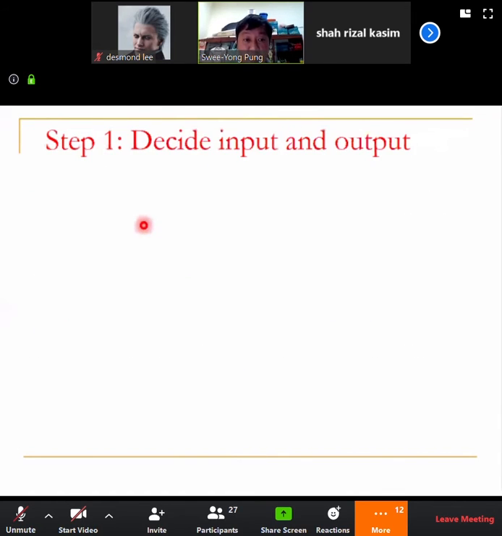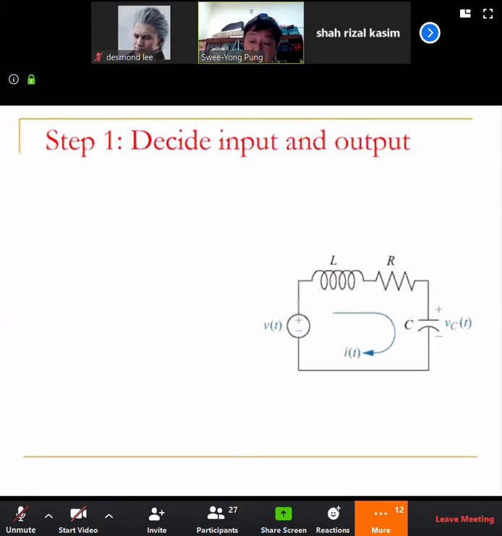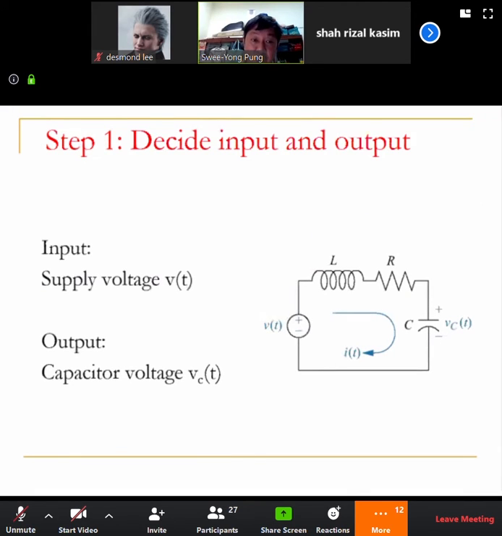Now, if you look at this one, step 1 is to determine the input and output. In your test later on, I think there's no exam, there will be only a test, you have to read the questions carefully. It is going to state very clearly. The input is normally no problem, because there's normally only one input in the questions, which is this one.